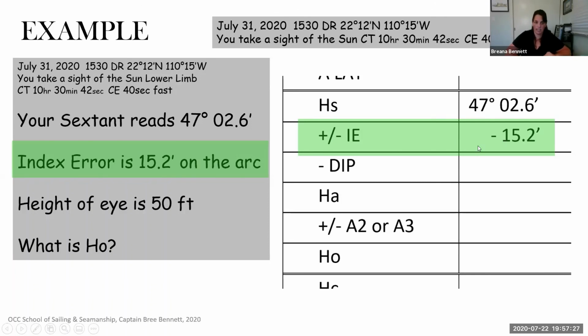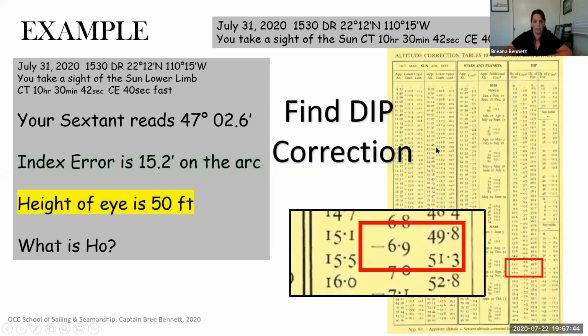So I'm subtracting it because my 0 is going to be past the 0 on the sextant. So that's index error. And then dip, we use the dip table. So everyone find your dip table. And our height of eye is 50 feet.